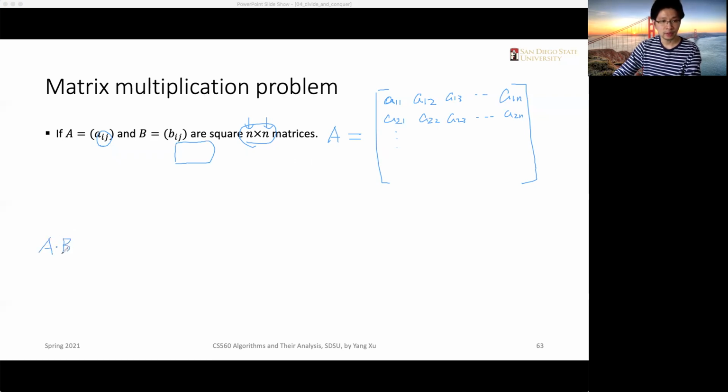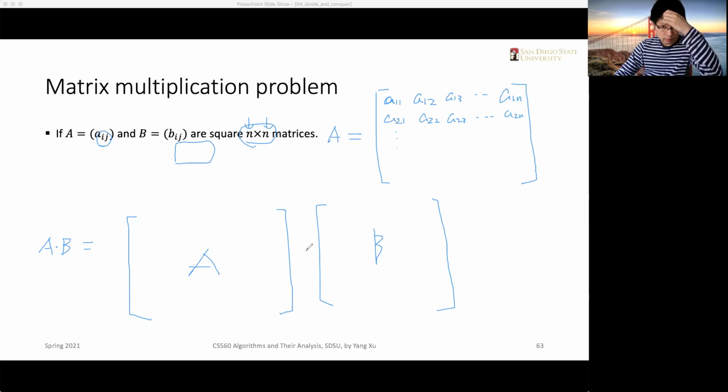A times B, which is the result of placing two elements here. That is our A, and that is our B to the right of A. Okay. So what we need to do to multiply these two matrices is that we will first look at the first row of A. That is from a11 to a1n, right? And also we need to look at the first column of B.